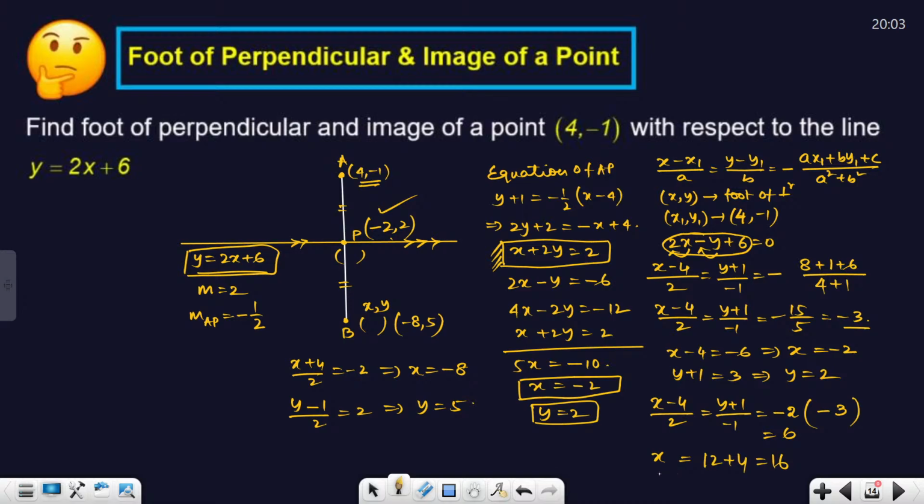And the y part is coming. Y plus 1 is basically minus 6. So y is coming to minus 7 in this case. But we are having minus 8 comma 5. Have we done this thing correctly? Yes, x minus 4 by 2 is minus 8. It's okay, 4 and 5 is okay. Where have I done any mistake, please check it. We have applied the formula correctly.